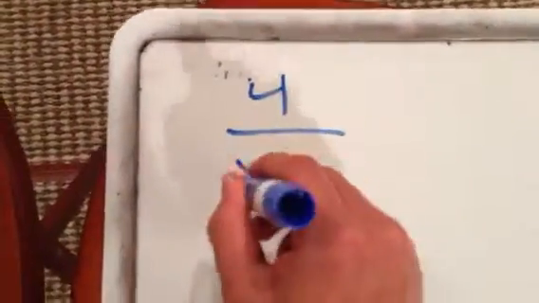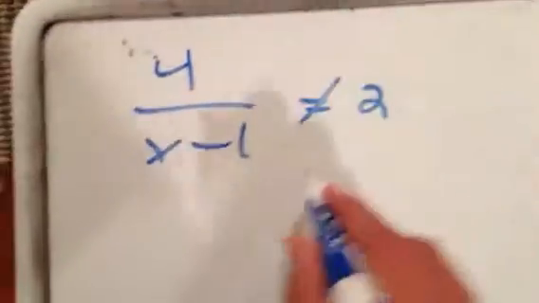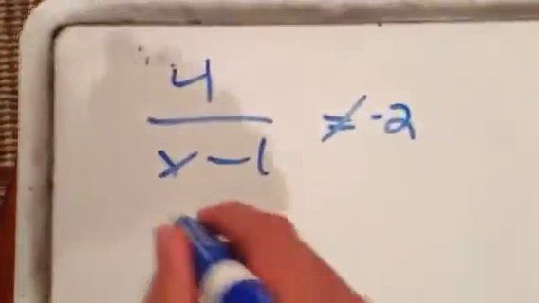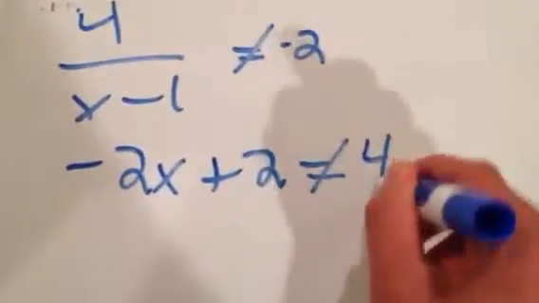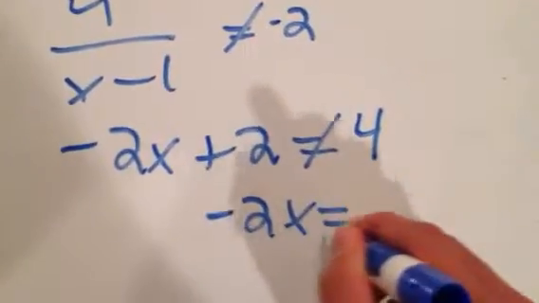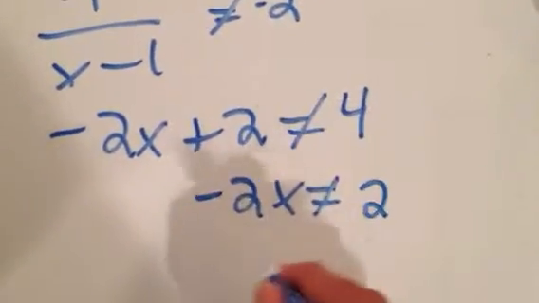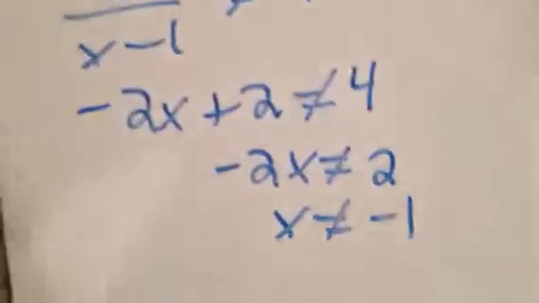So let's come over here, and I'm going to write the same thing. So let's cross multiply. Negative 2, I believe. Yes. So negative 2x plus 2 cannot equal 4. Negative 2x cannot equal 2. So x cannot equal negative 1.